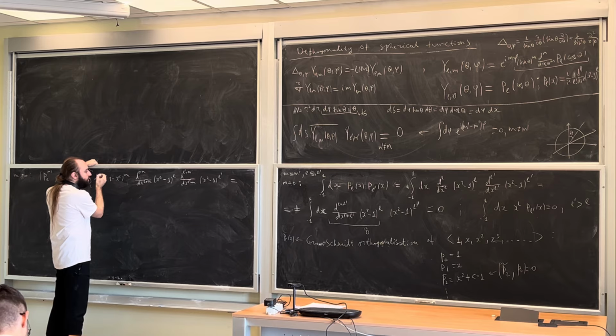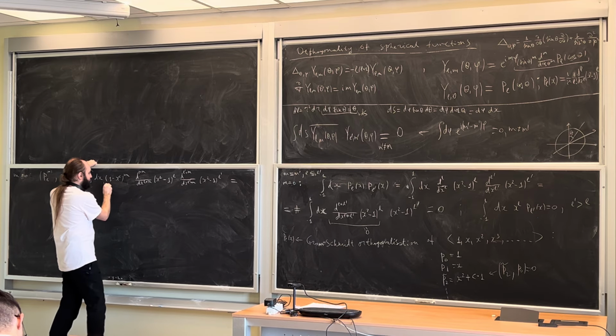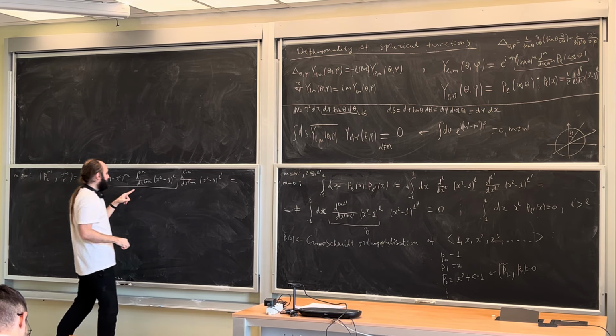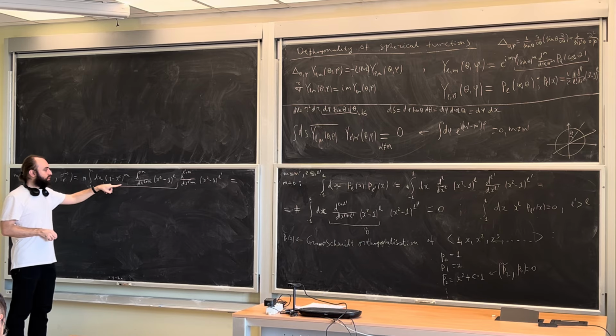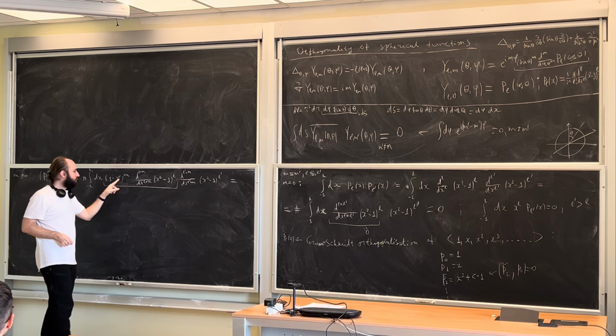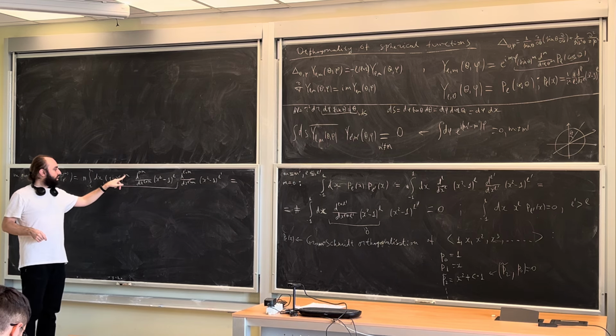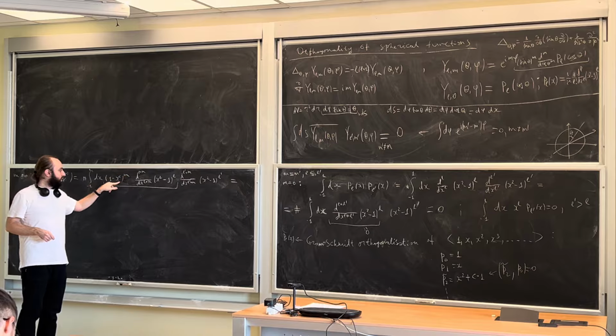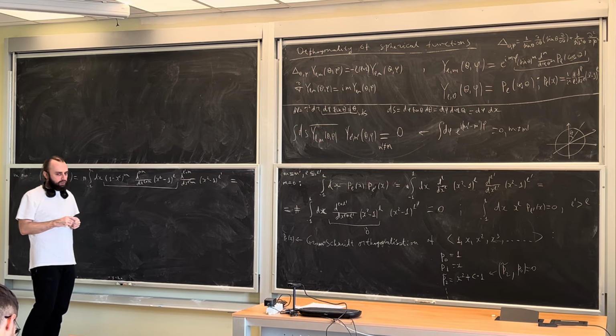And to do this, let us first answer the following question. What is the degree of this term here? So it's a polynomial, because the 2m factors combine into 1 minus x squared to the power m.